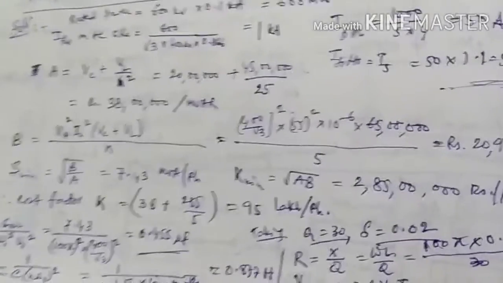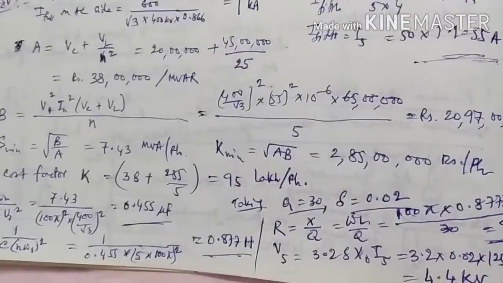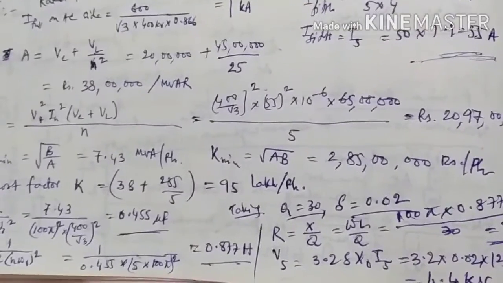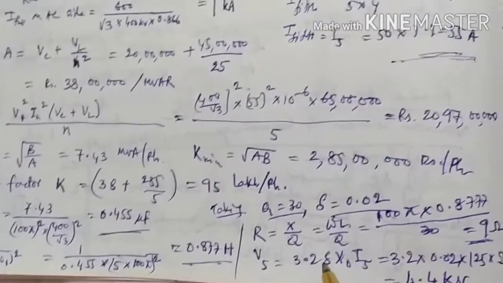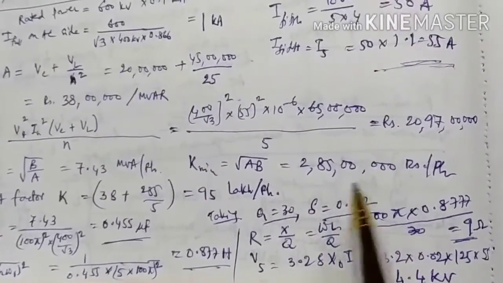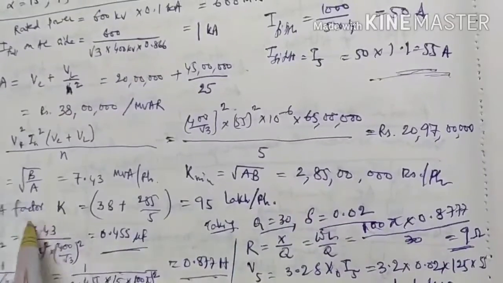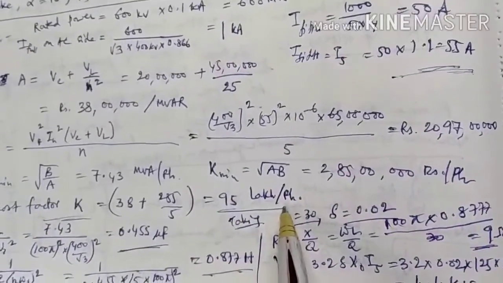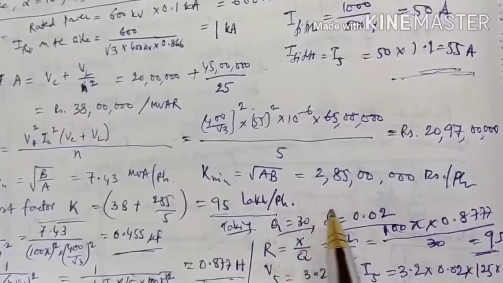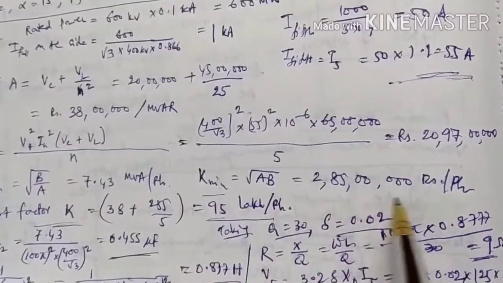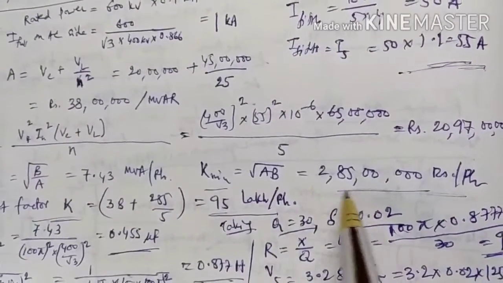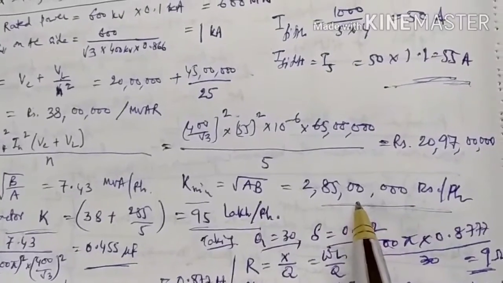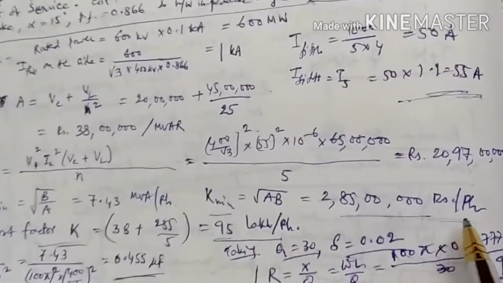That is the total component for designing the filter, and the cost of the filter K is 95 lakhs per phase, and minimum cost factor is 285 rupees per phase.